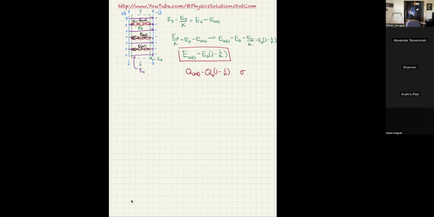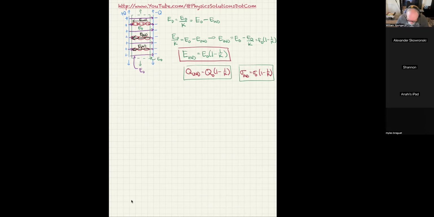Or you could say that the charge density on the outer surface of the dielectric, sigma induced, is equal to the sigma zero that it would have had without the dielectric times 1 minus 1 over K. So these three expressions are all expressions that we can use from this model of the molecular behavior of the dielectric.